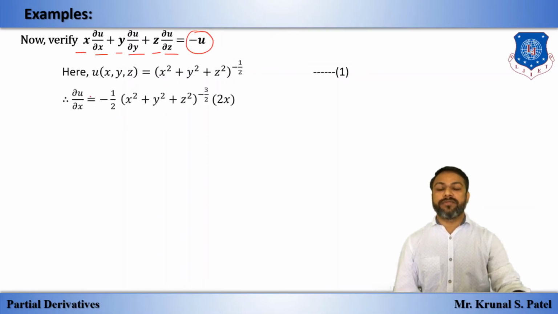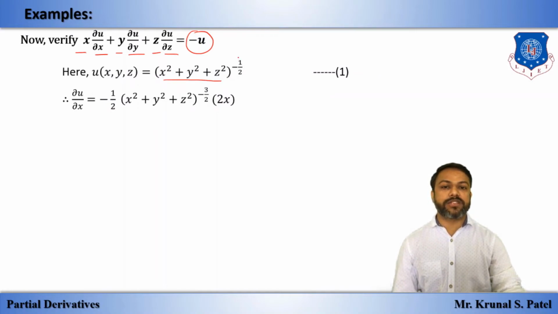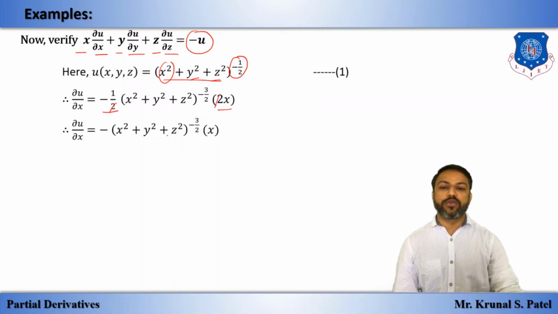So we differentiate with respect to x. This term is raised to the power minus 1 by 2, so we apply the power rule: minus 1 by 2 forward, power reduced by 1, and the differentiation of the base, where x square's derivative is 2x, and the differentiation of y square and z square is 0. By cancelling this 2, we have minus x into this. Now multiplying with x, x into x becomes x square.